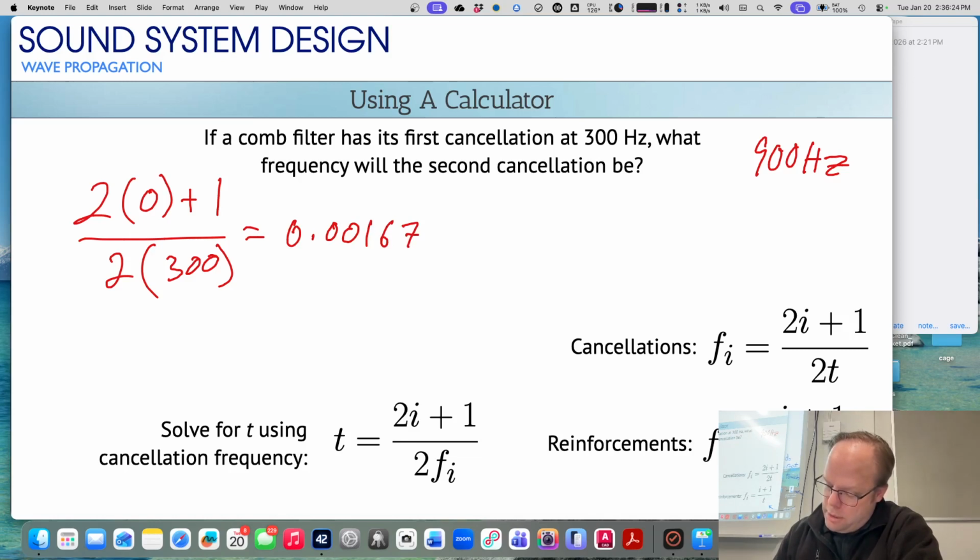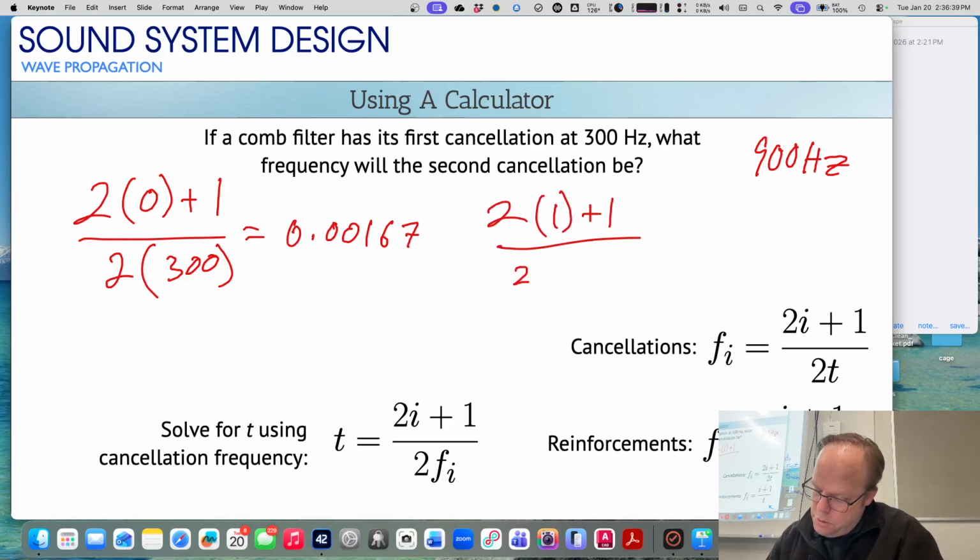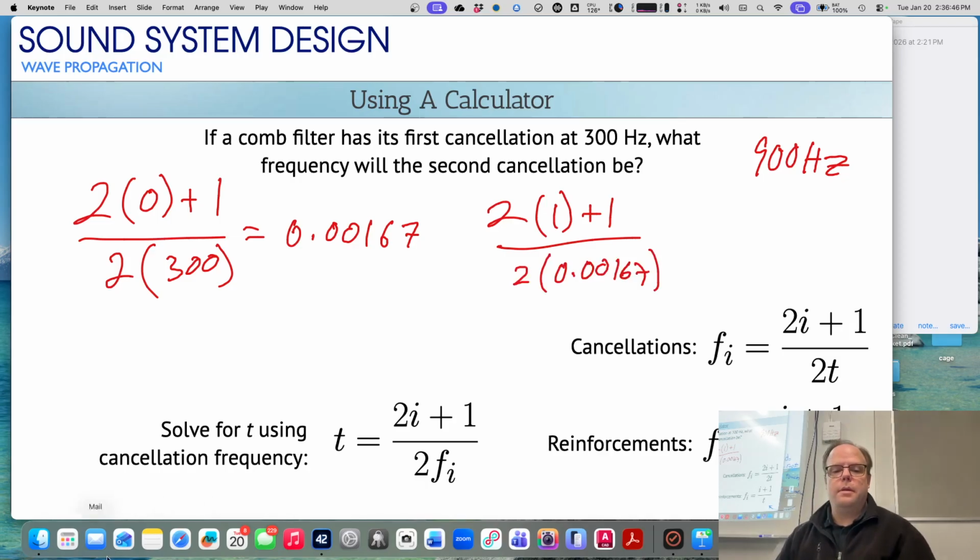Okay, so the second cancellation is going to be (2 times 1 plus 1) divided by (2 times 0.00167). Well, 2 times 1 is 2, plus 1 is 3, so 3 divided by 2 times 0.00167. What do you get? Should be 900 hertz-ish.